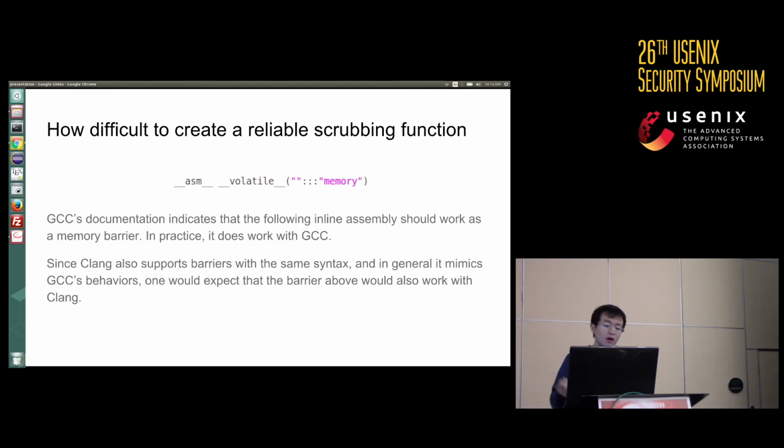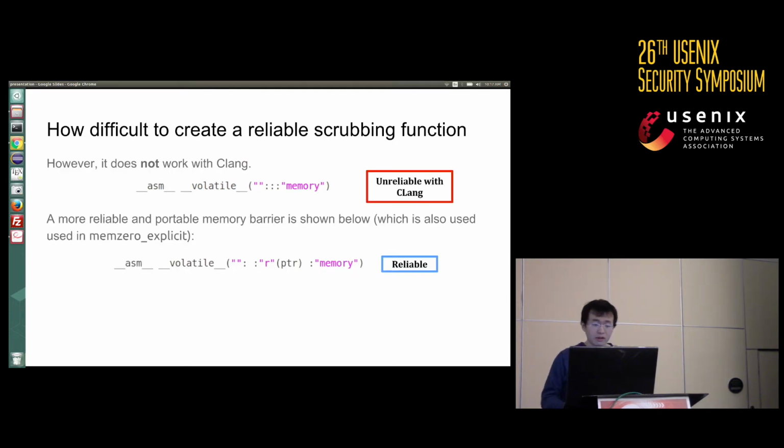Since Clang also supports memory barriers with the same syntax, and in general Clang mimics the behavior of GCC, one would expect that this would also work with Clang. However, it doesn't. That is, memory writes before this barrier may be optimized out by LLVM's dead store elimination.